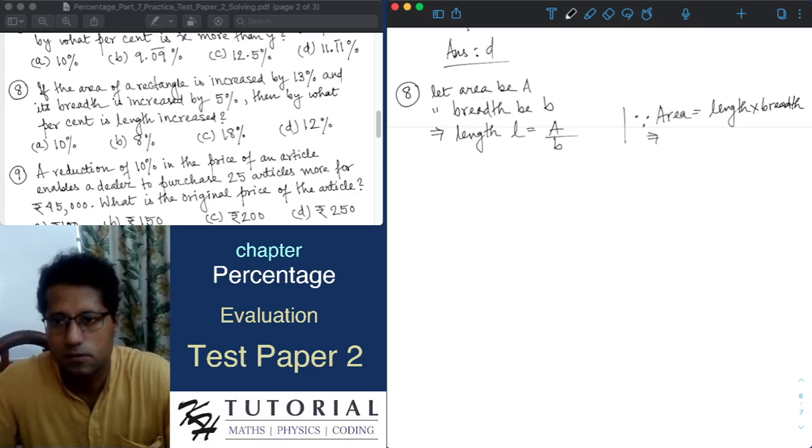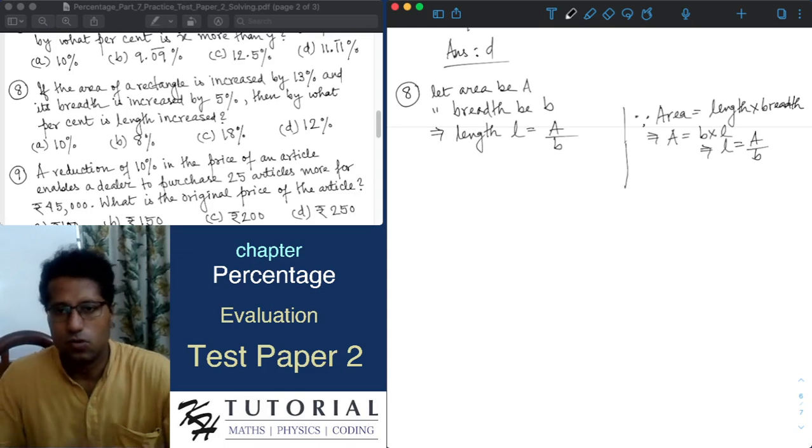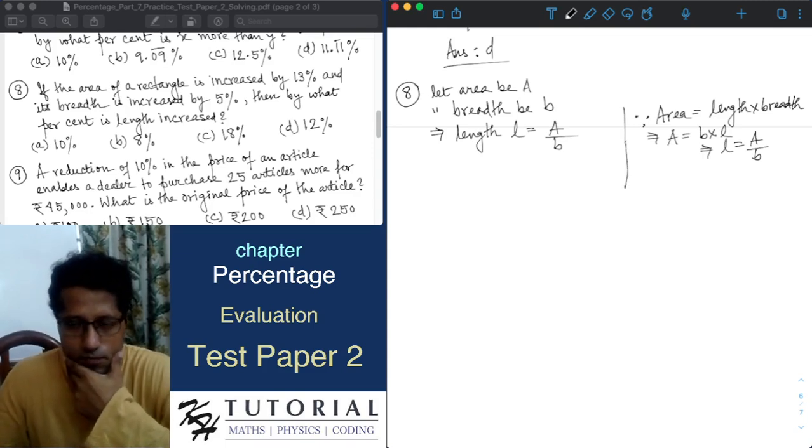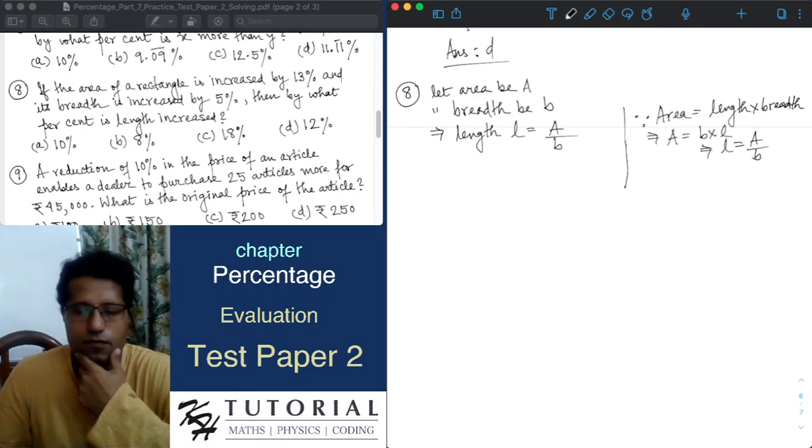This implies that A equals B into L. This implies L equals A by B.